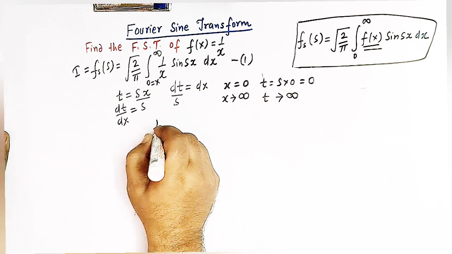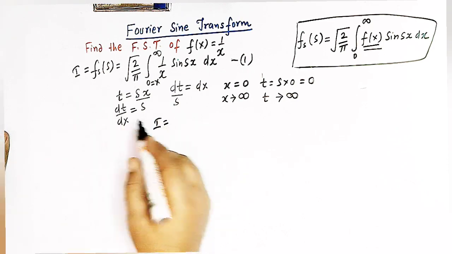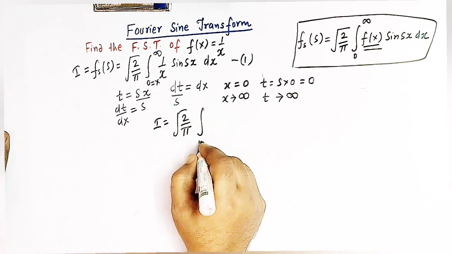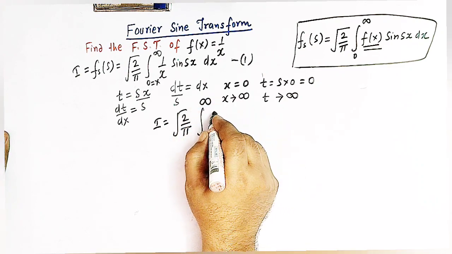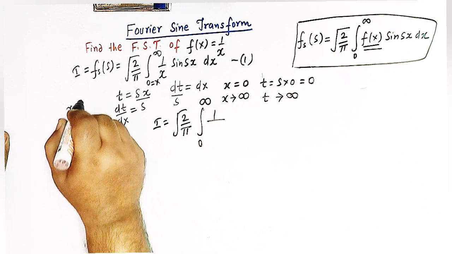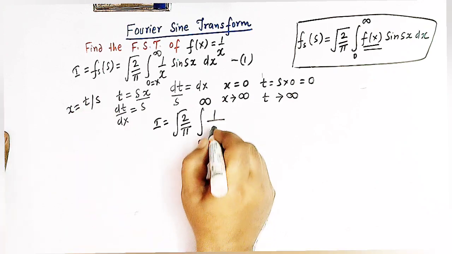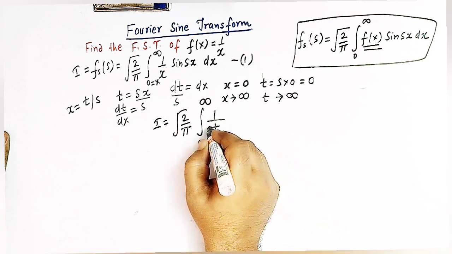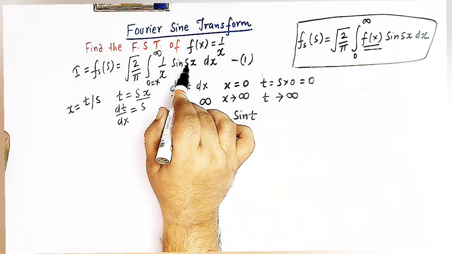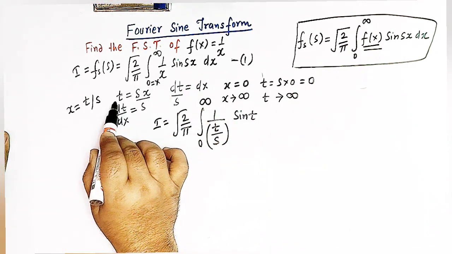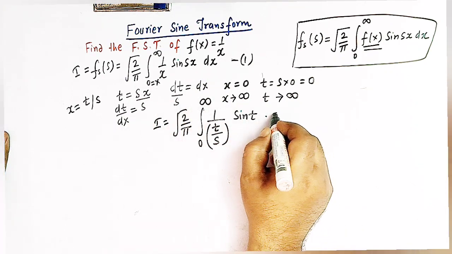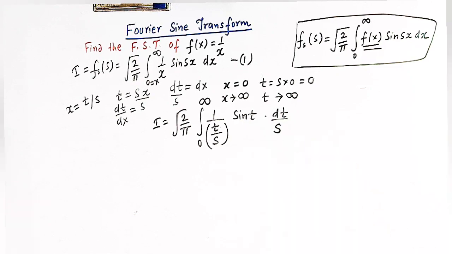So now I can be written in terms of t as square root of 2 over pi, and here we have 0 to infinity, and 1 over x. x can be written as t over s. So here we have t over s, and here we have sine of t, because s times x is equal to t. And for dx we can now write dt over s.